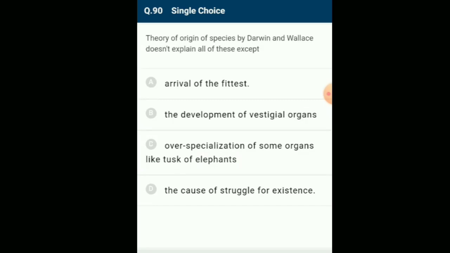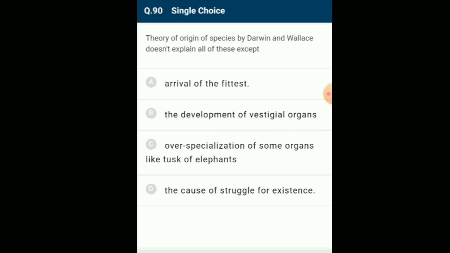Question number 90 is the last question. Theory of origin of species by Darwin and Wallace does not explain all of these except: Darwin's theory on origin of species states that over reproduction and the absence of available resources cause struggle for existence.